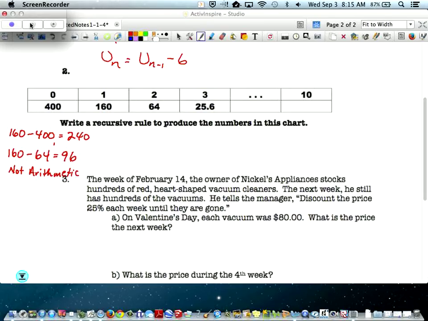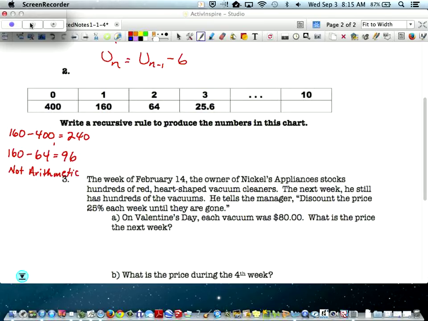So I was saying we took the next number, the 160, and subtracted the 400, and I got 240. So it's possible this is arithmetic with a common difference of 240. But when I take the next set of numbers, the 64 minus the 160, I got 96. So it can't be arithmetic because they have to have the same common difference throughout the pattern.